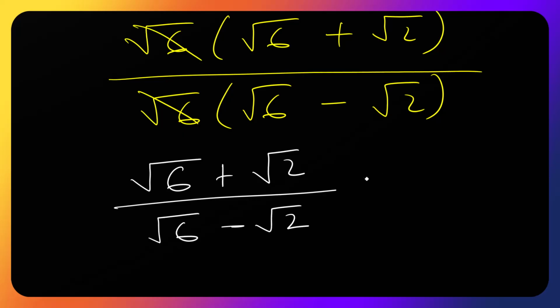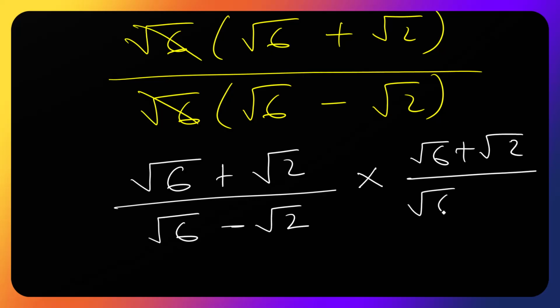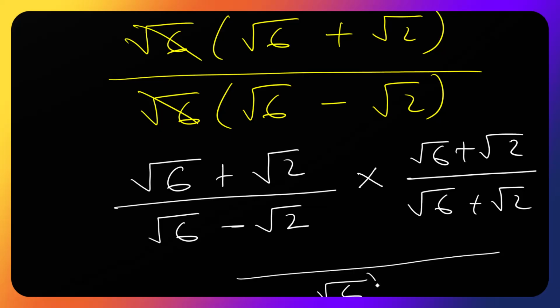So let's go ahead and multiply both numerator and denominator by the conjugate. So square root of 6 plus square root of 2, square root of 6 plus square root of 2. So we still have the difference of two squares. So I'll pick this one, square root of 6 squared minus square root of 2 all squared.